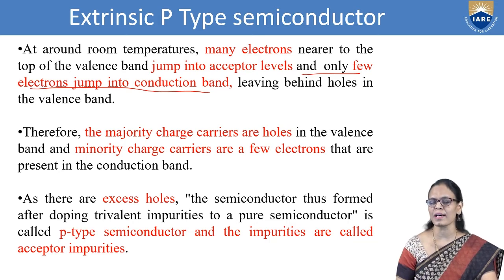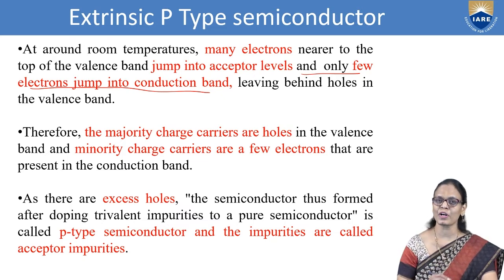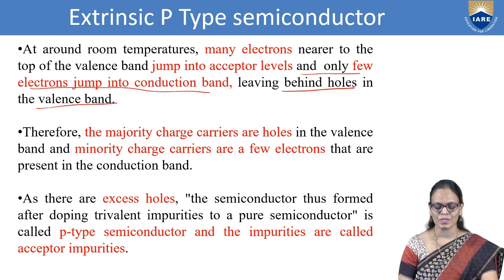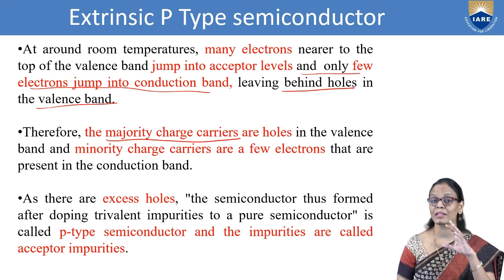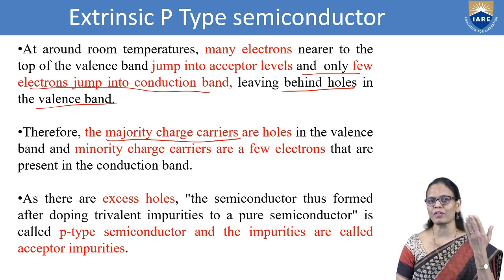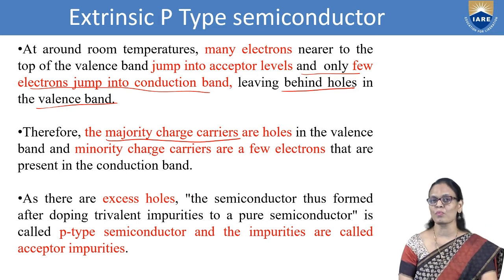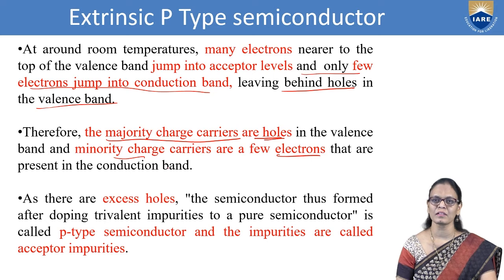So when these electrons are shifting into the acceptor level, and a very few of them into the conduction band, correspondingly holes are generated in the valence band. They leave behind holes in the valence band. So what we see here is that the majority carriers are holes, because there are very few electrons in the conduction band, but there are more holes in the valence band, since some electrons have shifted to the acceptor level and a very few to the conduction band. So the majority carriers are holes in the valence band and the minority carriers are electrons in the conduction band.